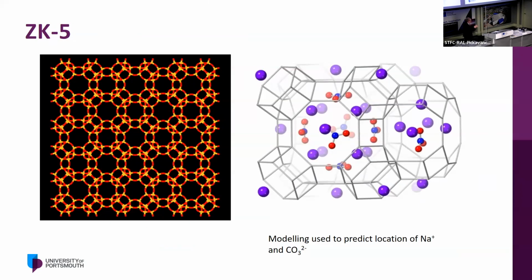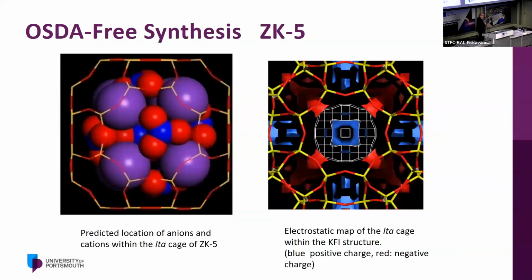The structure, of course, is known, but what the modeling was used to do was to predict the location of the cations and the anions within the framework. What is really fascinating, I think, is that within, for example, the larger LTA cage, those cations and anions order together to fill the space within that cage very nicely indeed.